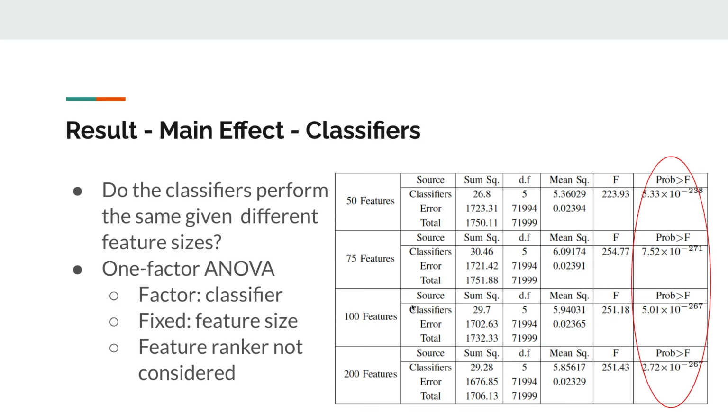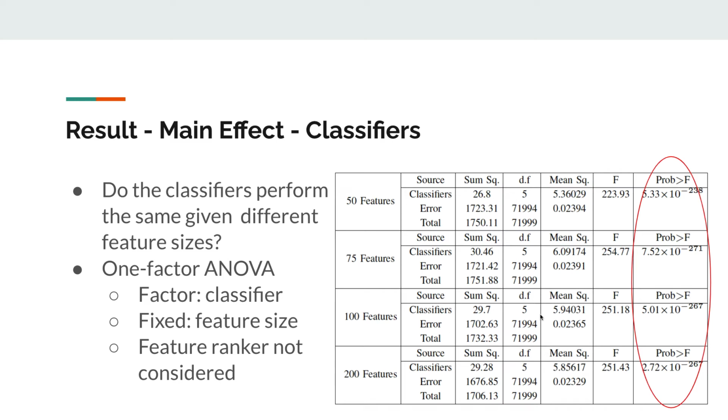So now to examine whether RF100 is really significantly the best performance, we need to conduct a one-factor ANOVA. So the paper does a one-factor ANOVA to examine whether the performance of all classifiers are the same. The ANOVA is carried out with the classifier being the single factor and with the feature size fixed.